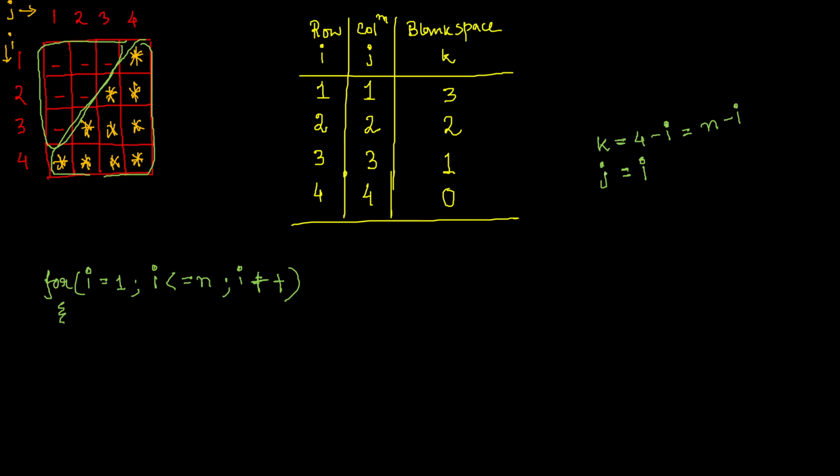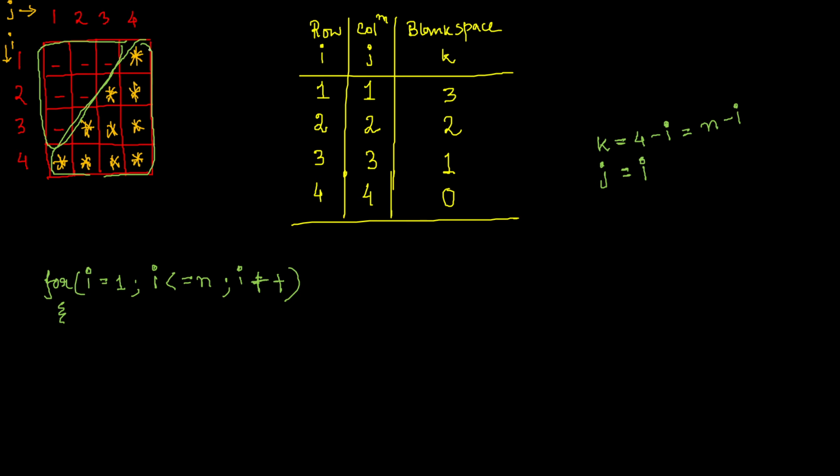Now the question will come: who will come first, whether the loop of K I will write first or the loop of J? To realize this, look at this particular pattern. In a particular row, the pattern of blank space comes first, then the pattern of star comes. In any particular row, right?